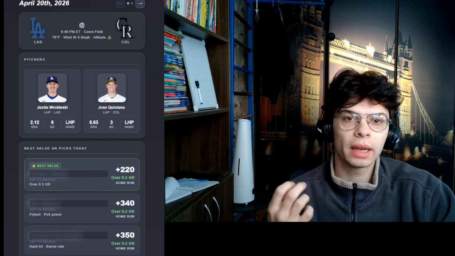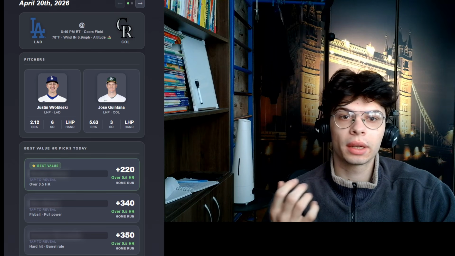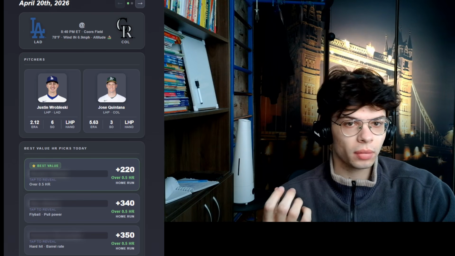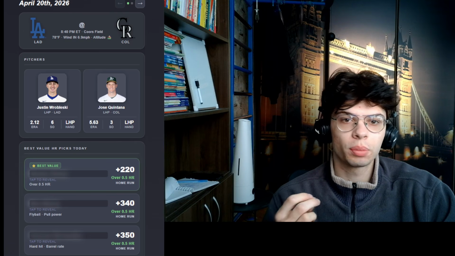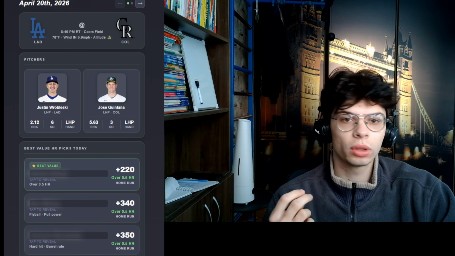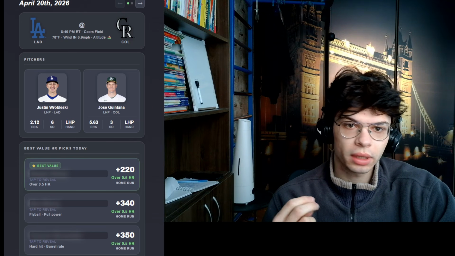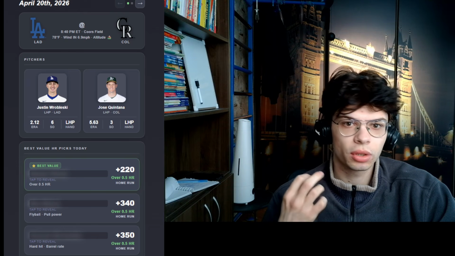So now layer in Quintana. He's got a 5.63 ERA, run prevention issues, a low strikeout profile. It means we're going to have contact volume increases. He's a pitch-to-contact archetype, so he relies on weak contact. That model fails here because at Coors, weak contact becomes average contact, and average contact becomes real damage.